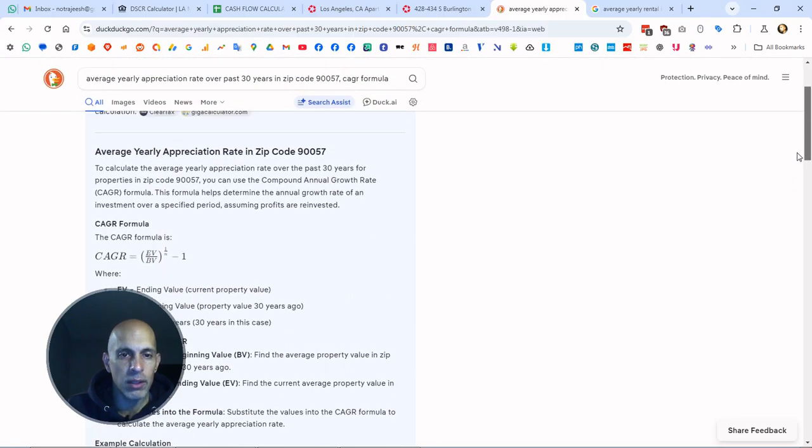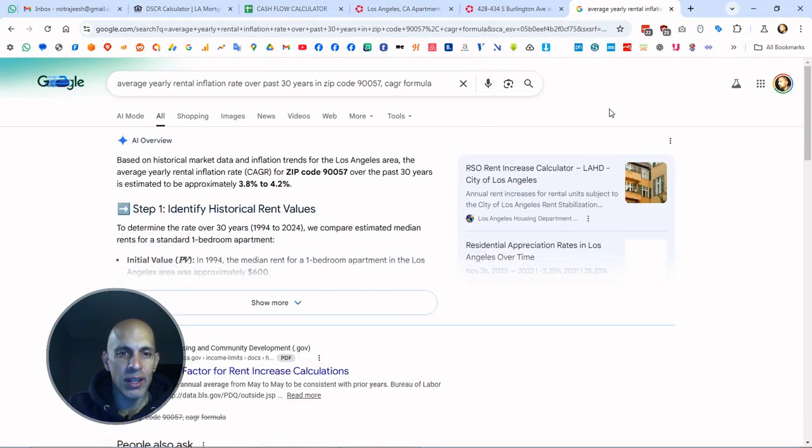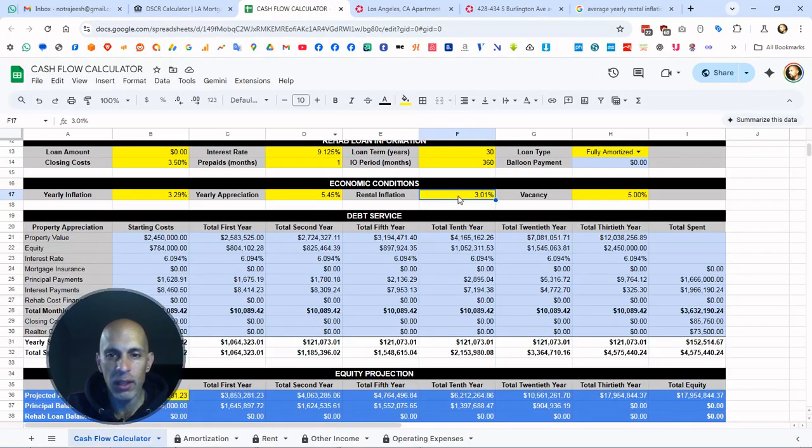DuckDuckGo gives me the formula for CAGR, it just doesn't give me the answer. So it's still not at the point where it's able to read my mind. This says between 3.8 to 4.2, so we're looking at an average of 4%. And this might be RSO, so we'd be capped at 4% anyway.